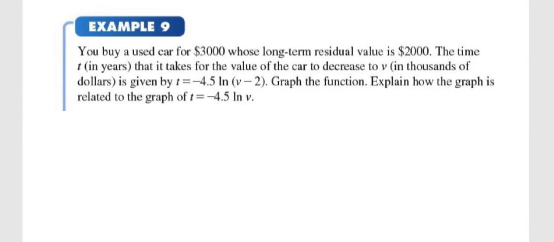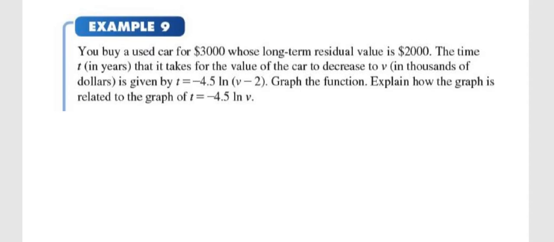Example 9: you buy a used car for $3,000 whose long-term residual value is $2,000. The time in years that it takes for the value of the car to decrease to whatever V is, in thousands of dollars, is given by this function. Graph the function. Explain how the graph is related to the graph of that. Well, obviously it's been moved to the right 2 units.